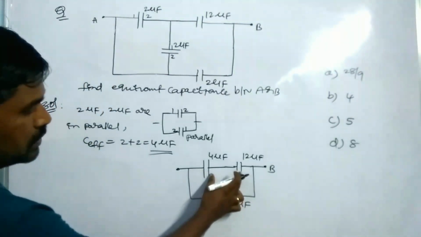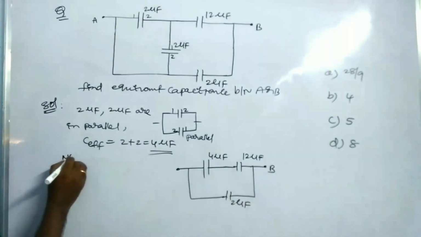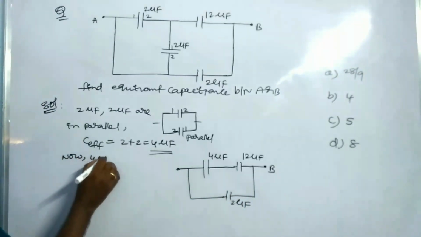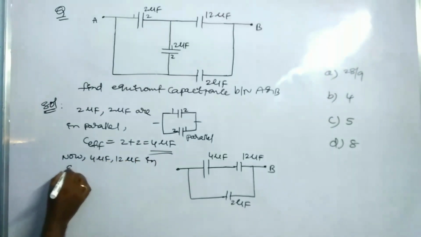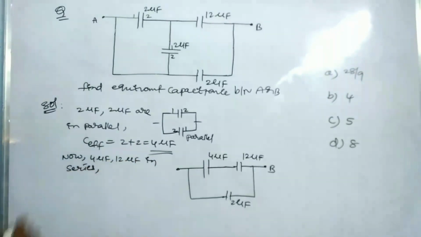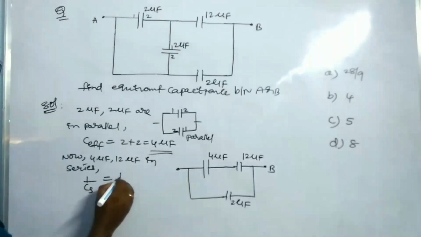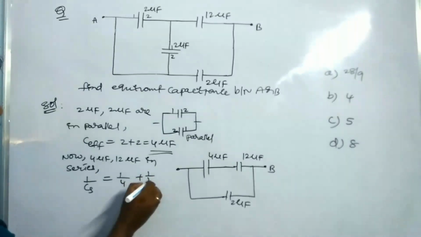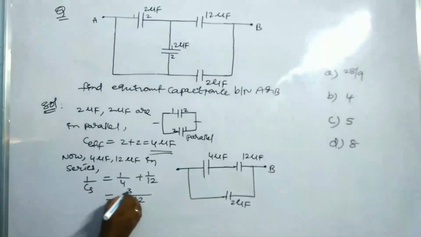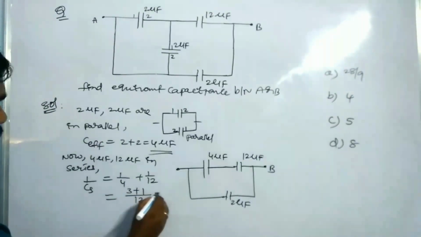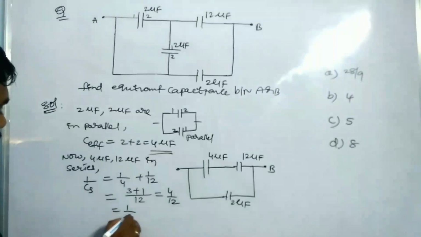Now these two capacitors are in series combination. So 4 microfarad and 12 microfarad in series: 1 by CS is equal to 1 by C1 plus 1 by C2. 12 is the LCM, so 3 plus 1 is 4 by 12, which is 1 by 3.